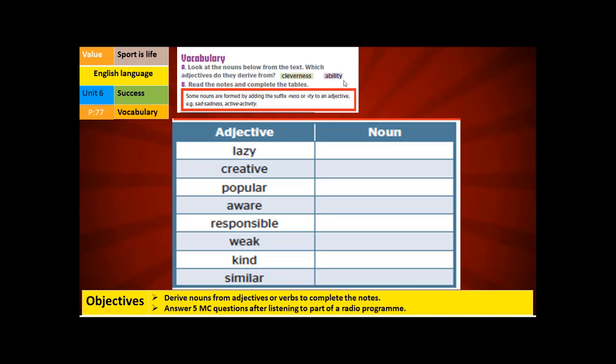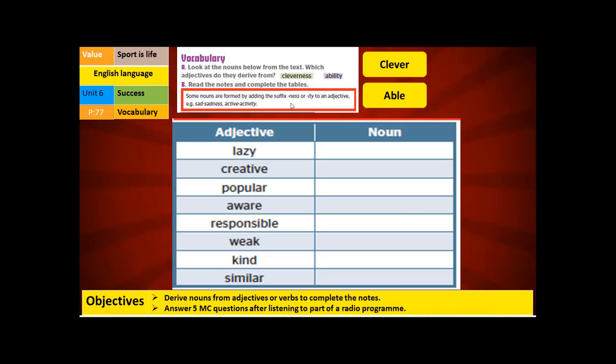So we have two nouns, cleverness and ability, and we want to know which adjectives they derive from. Clever and able.